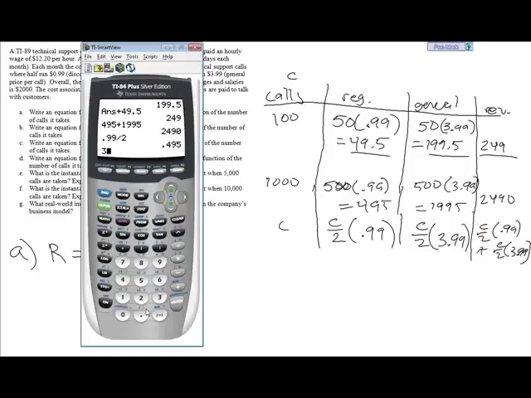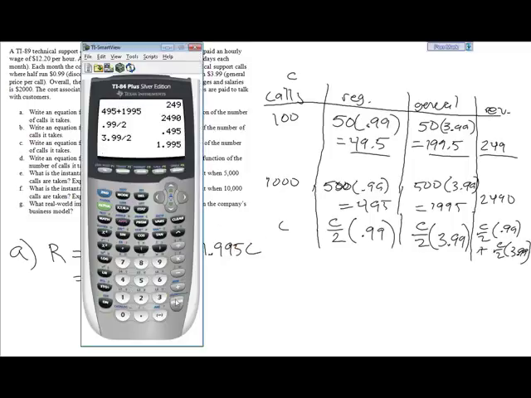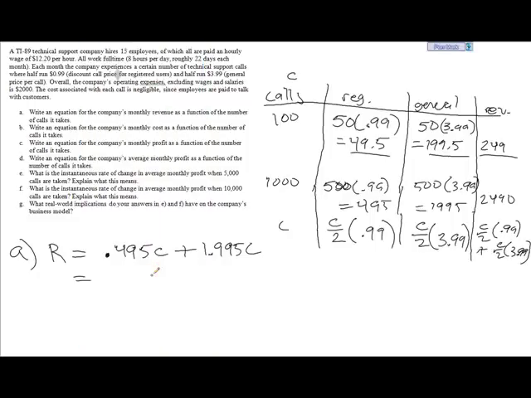Plus 3.99 divided by 2 times c, which would be 1.995c. And now because these are like terms, I can combine them. So I'm going to add 0.495 to that, and that gives me 2.49c.